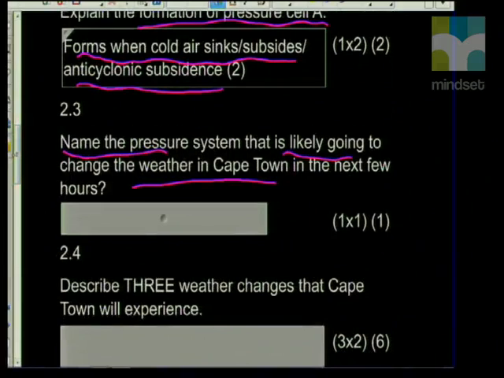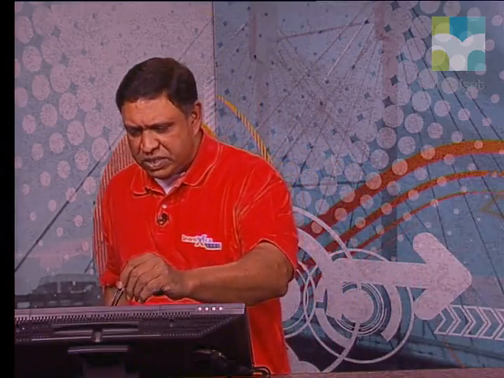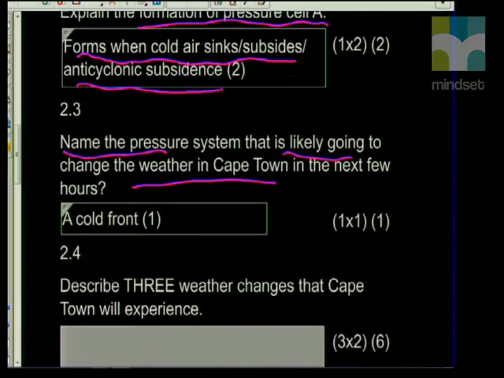So you can write cold front, we'll accept it, or you write the words mid-latitude cyclone. All right, I got cold front slash mid-latitude cyclone because it is a weather system. We'll accept both. That's just naming, so we got 1 mark.